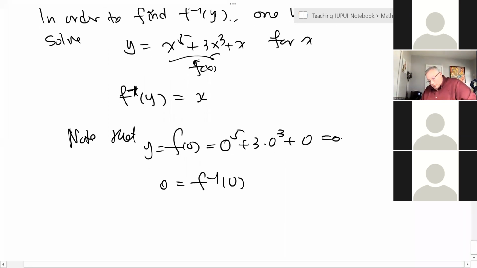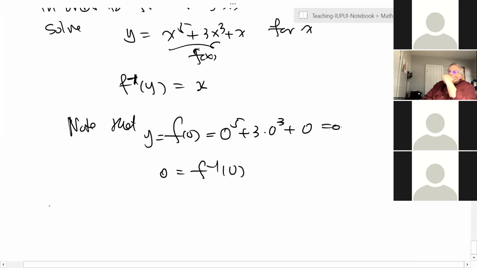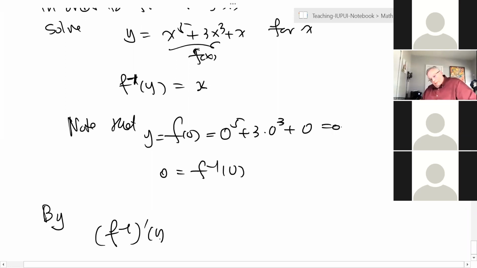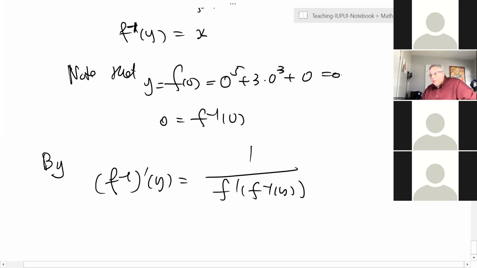But I still cannot find the formula for the inverse function. Nevertheless, we can find the derivative of this unknown function using the formula. By the formula, I'm able to find the value of the derivative at 0.